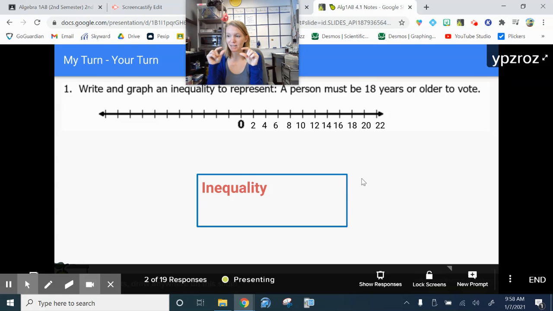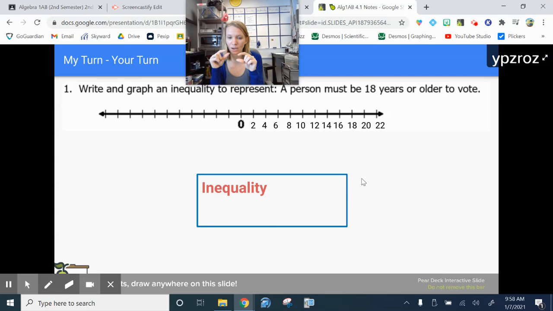You do have a T for a text box tool that allows you to type if that's easier. You do have your pen tool or a line tool for drawing. There is a sizer on the left. It kind of looks like a vertical number line.